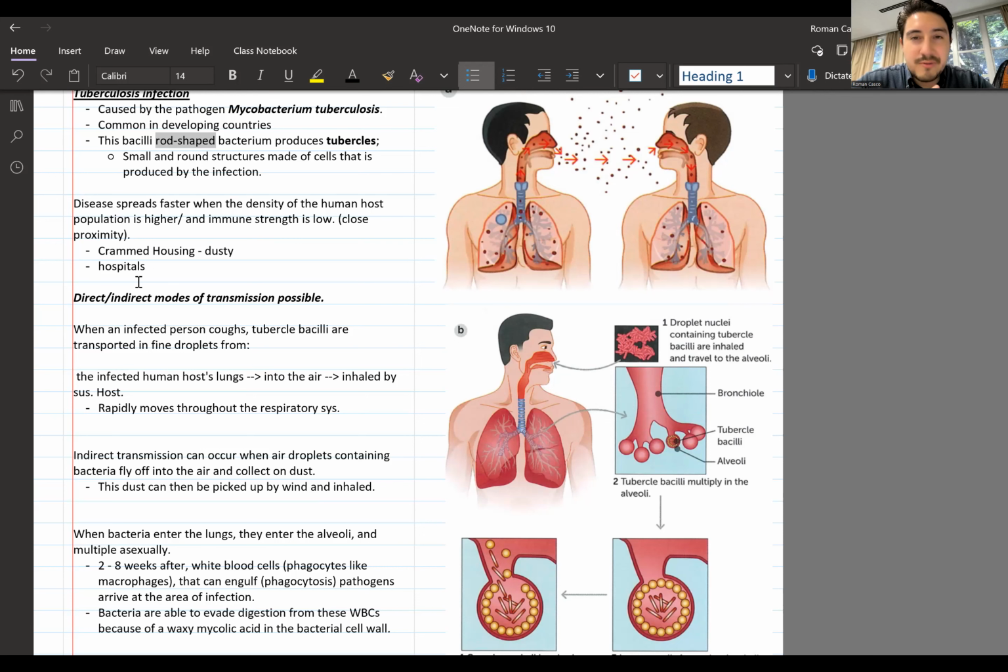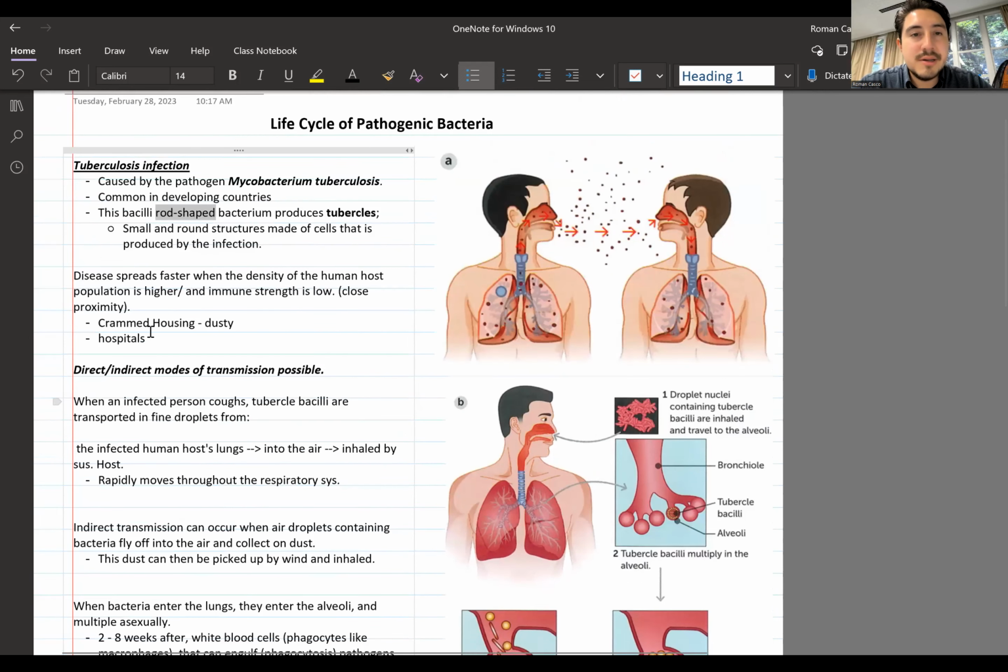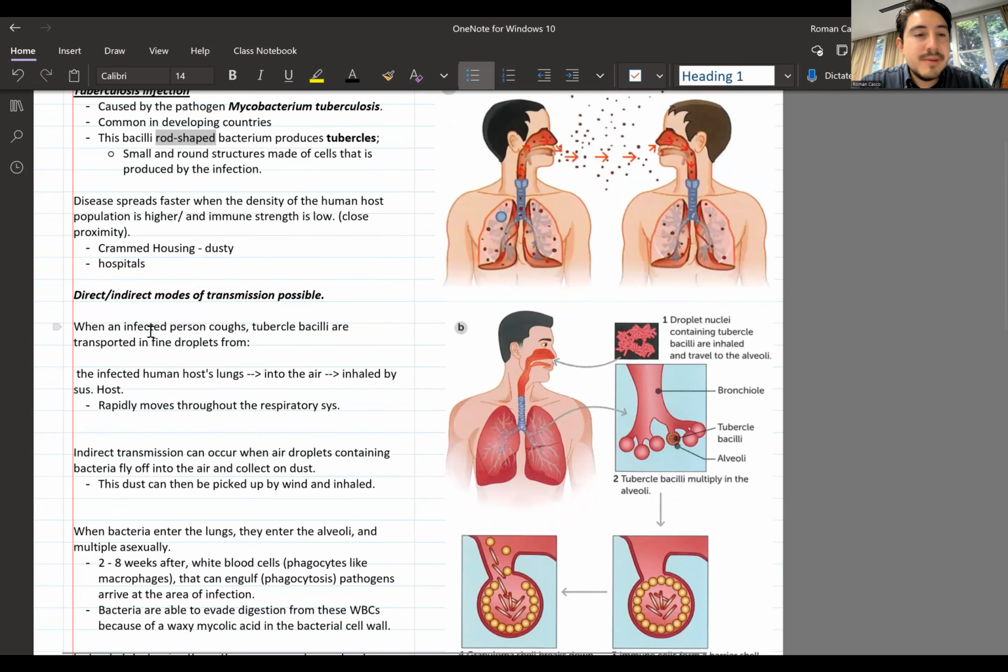If you remember from the experiment that we did, fomites. And that can propagate this infection more and more. Hospitals also, the quality of hospital facilities isn't the greatest in developing countries. That could further promote this disease to spread.